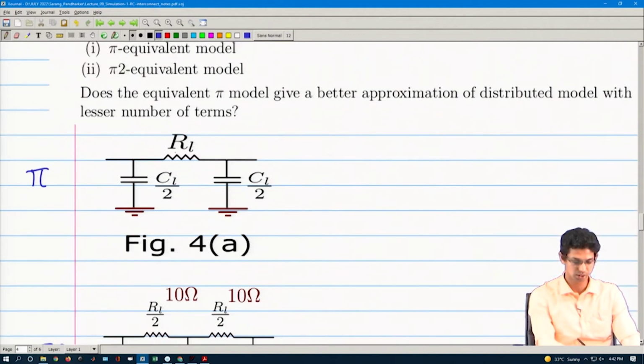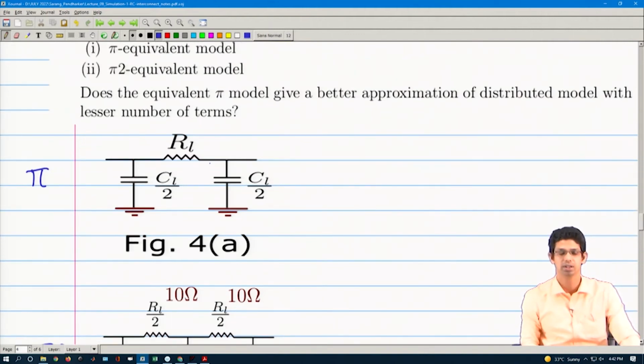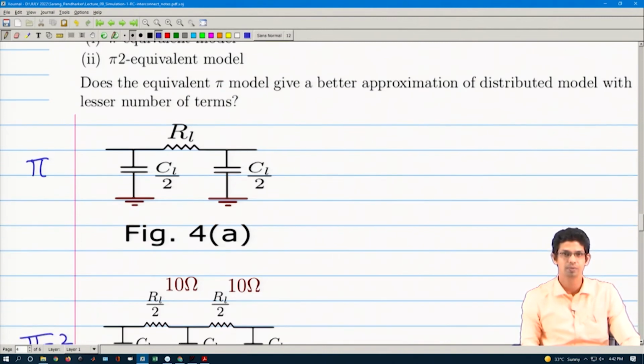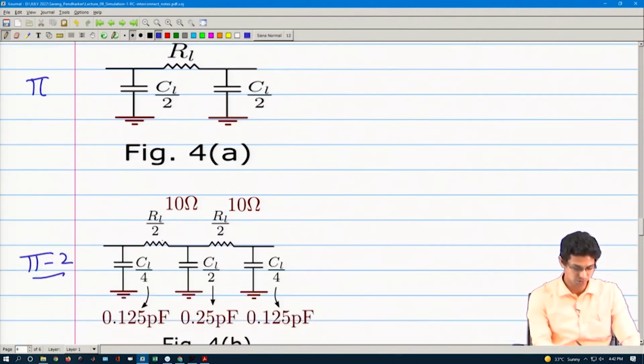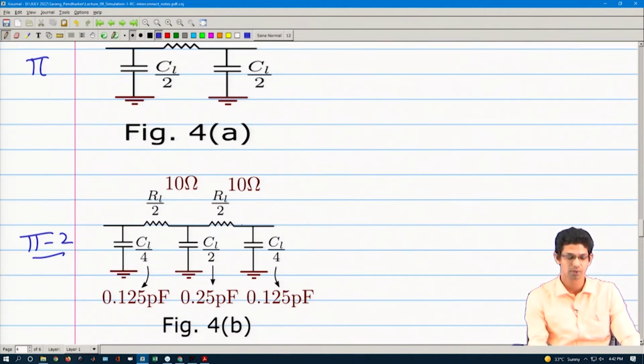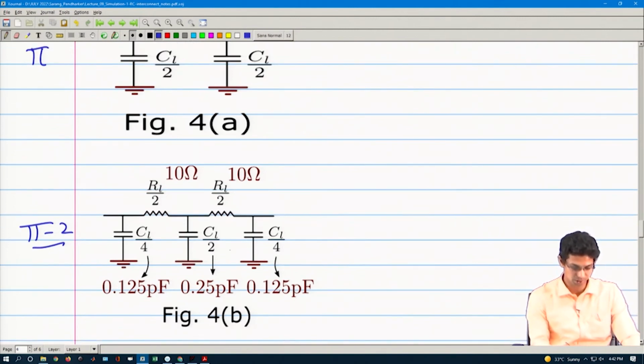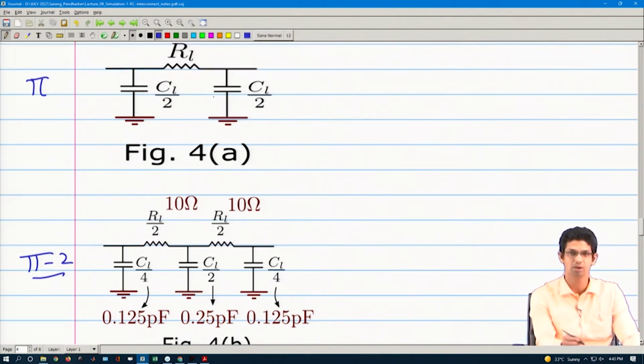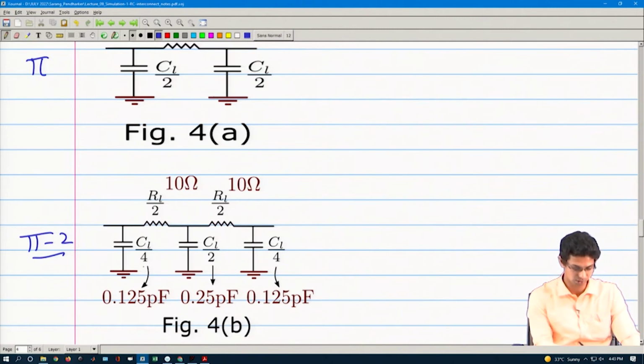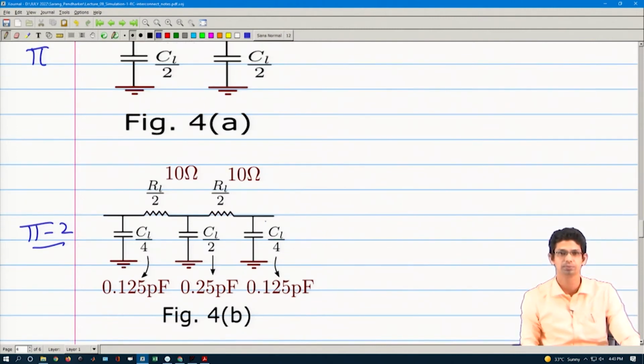Your resistance in the pi equivalent model is replaced by a single element, a single R L. In case of the pi 2 model, your resistance is represented by 2 elements and your capacitance is represented by 3 elements. Basically, you break this down into 2 and then we have seen how we get C L by 4 and C L by 4 and C L by 2 in here.